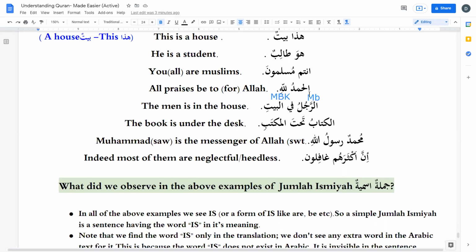So we have only mubtada and MBK, and this is again another structure. So there are these particular structures in Arabic in Jumlah Ismiyah. If it is a particular structure, then is is there and it is invisible.